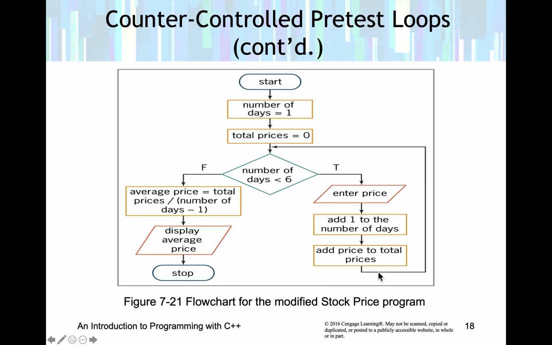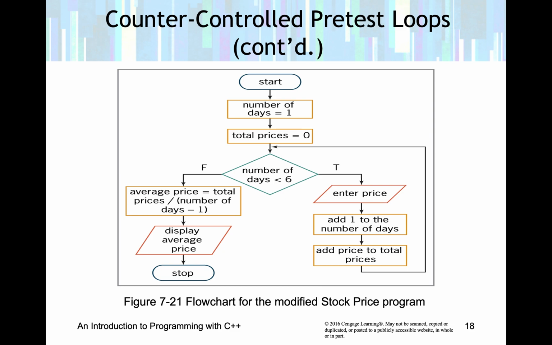Here we increase to 4. Is 4 less than 6? Yes. Increase to 5. Is 5 less than 6? Yes. Increase to 6. Check again. Is 6 less than 6? No, that's false. Now that it's false, we're going to exit the loop, and it's going to calculate the average price.